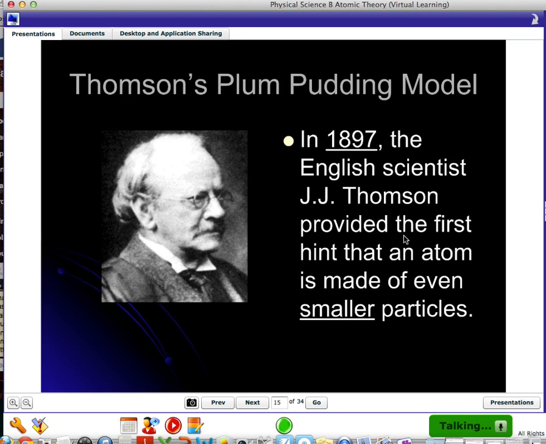Now a new scientist came along in 1897, about 130 years ago. Through a series of experiments, he developed the idea that an atom is not necessarily the smallest form, but is actually made up of even smaller particles.